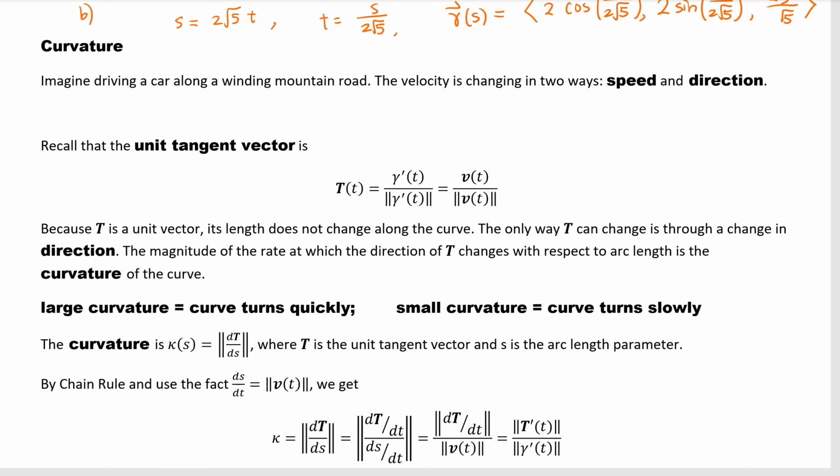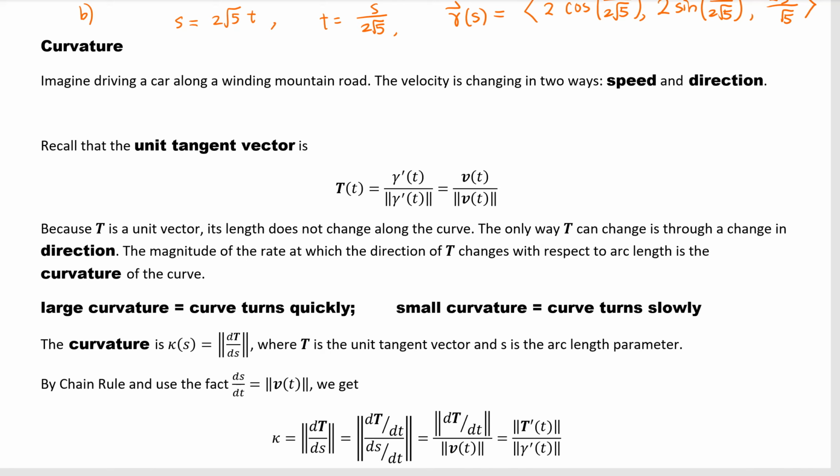So that's the velocity over the magnitude of the velocity. Because T is a unit vector, its length does not change along the curve. The only way it will change is through a change in direction. The magnitude of the rate at which the direction of the unit tangent vector changes with respect to the arc-length is the curvature of the curve.